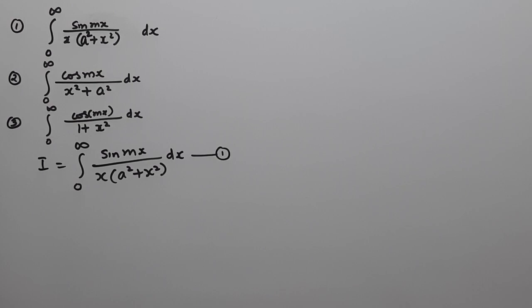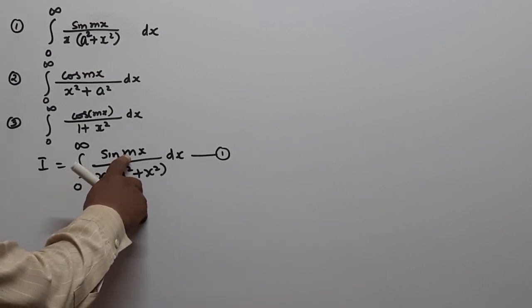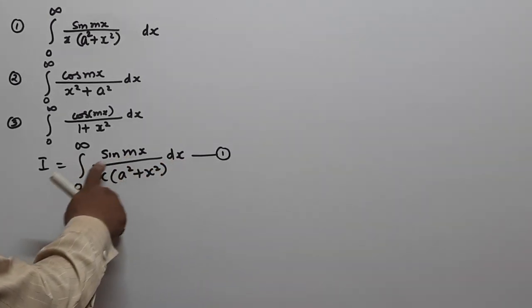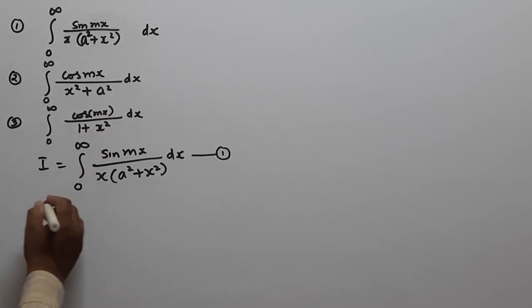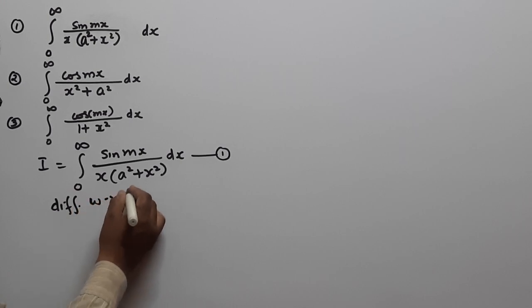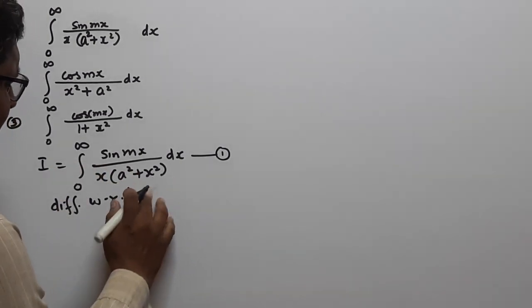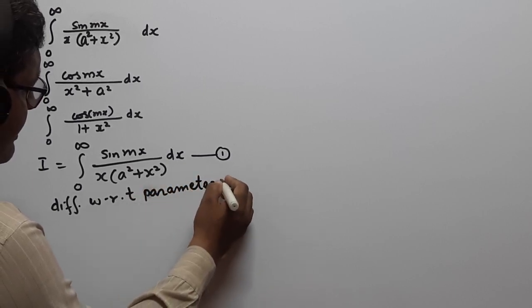So first we differentiate with respect to the parameter m, because m is independent of x. Here m is independent of x, so this is the parameter. So first we differentiate with respect to the parameter m.